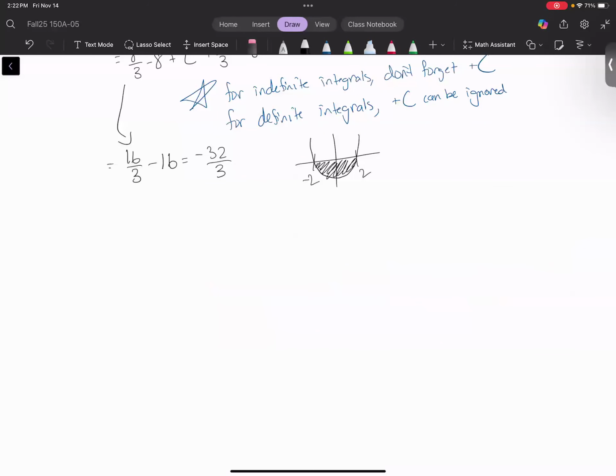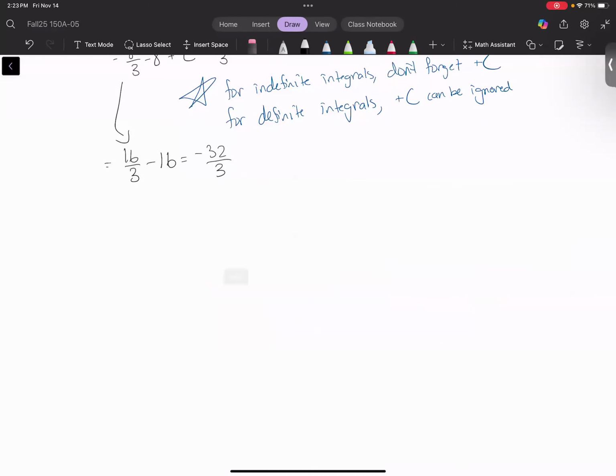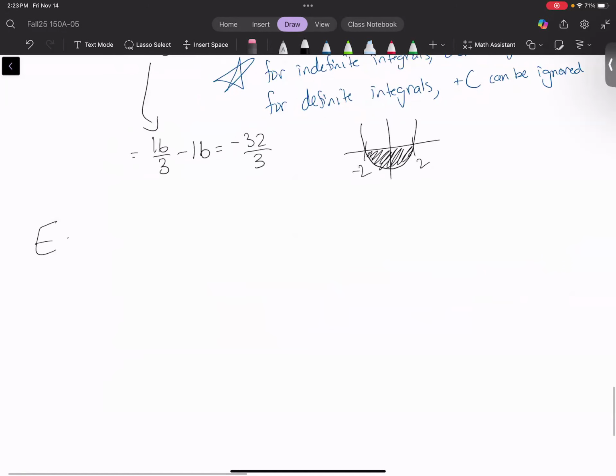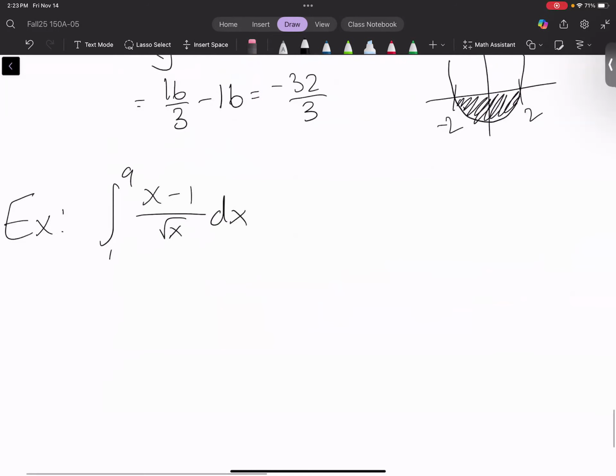All right. Now you try this one. Integral 1 to 9 of x minus 1 over root x dx. You've got to get used to doing the power rule here. I will give you a hint because I don't want you to waste too much of your time.